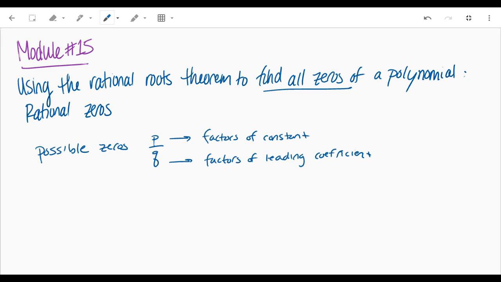So in this example, we have h of x is 6x cubed minus 31x squared plus 4x plus 5. And they tell us that there's at least one rational zero.